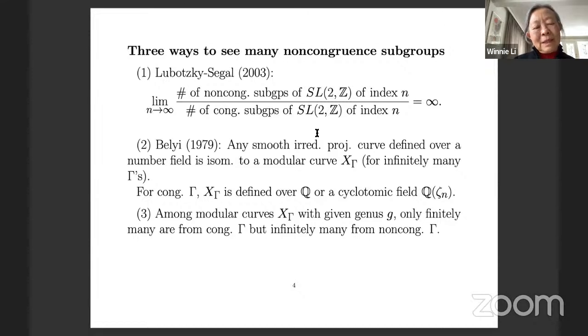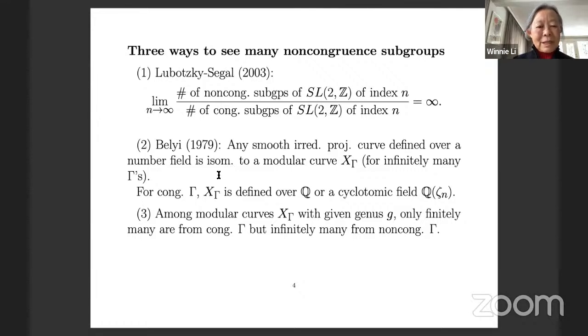First is a result by Lubotzky and Segal, where we sort the finite index subgroups by their index n inside SL2Z. Okay. And we count the number of them which are non-congruence subgroups and the number of them which are congruence subgroups. We look at this ratio, and they show that this ratio goes to infinity as n goes to infinity.